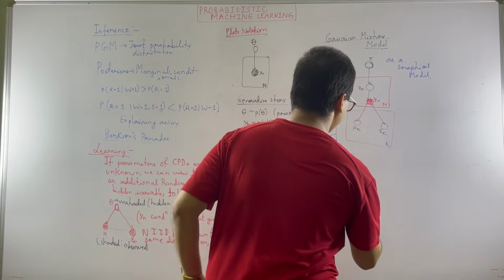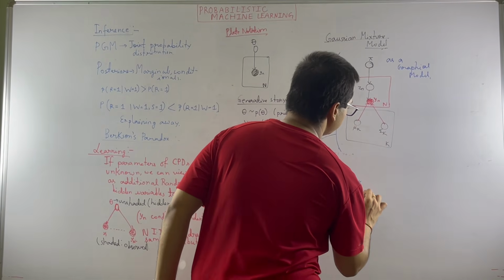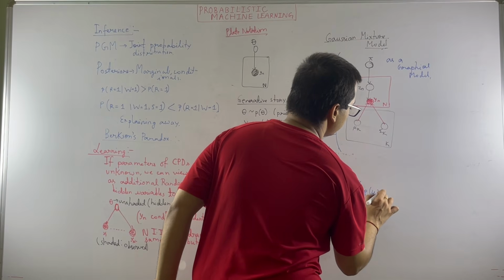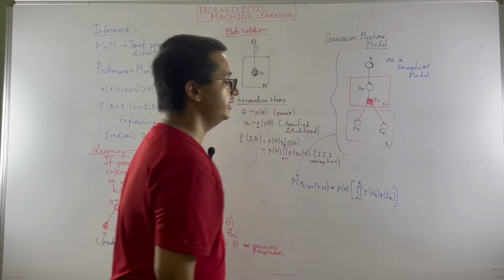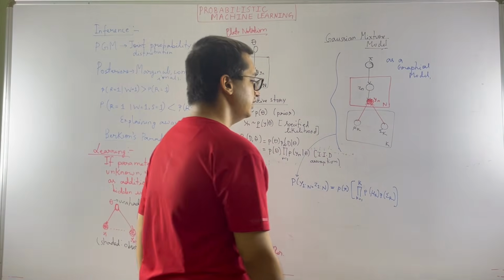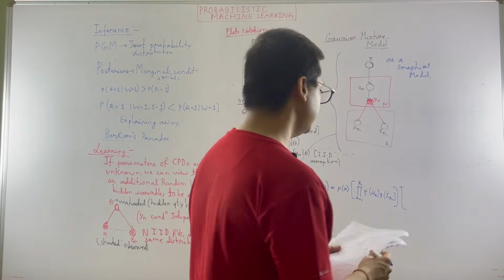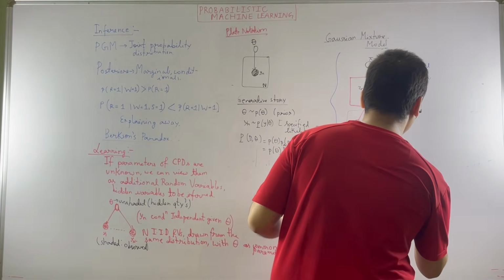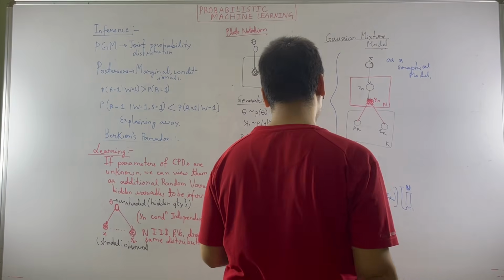Then how many mixture components do we have? Capital K, and each mixture component has its mean and covariance, so we need to write down the probabilities for that. And then we have the conditional, this yn thing. I have capital N samples, and how do I write it?